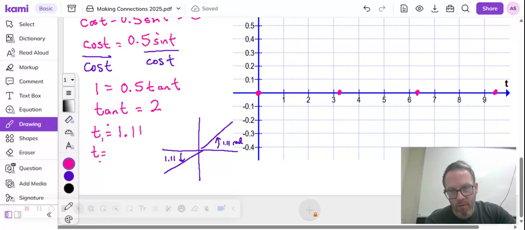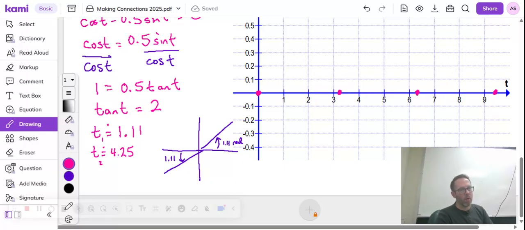So t2 equals, we'll add 1.11 from pi. So 3.14 plus 1.11, approximately 4.25 for a second time. That will fit on our graph.